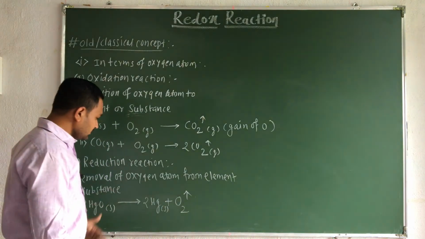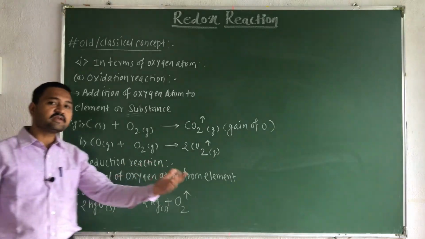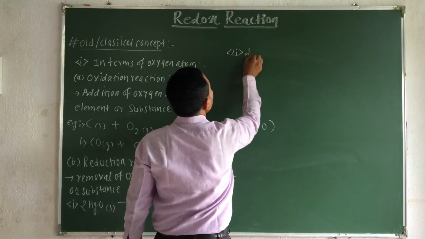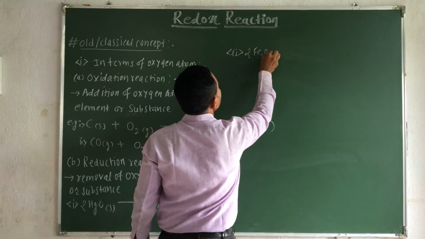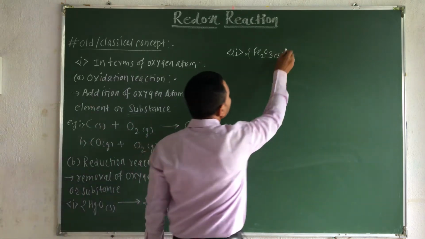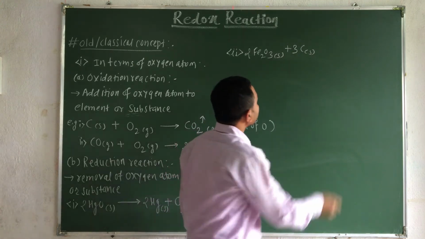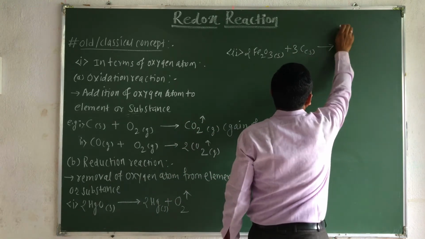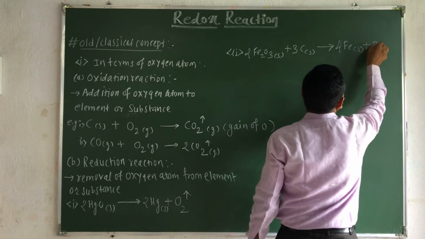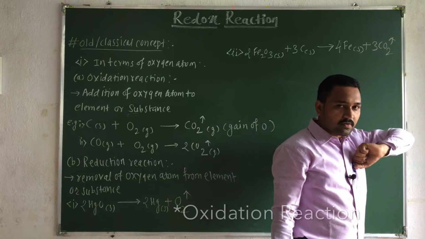Now let us consider the second example of this reduction reaction. 2Fe2O3 in the solid state, plus 3 carbon in solid state gives 4Fe in solid state, plus it will evolve 3 molecules of CO2.